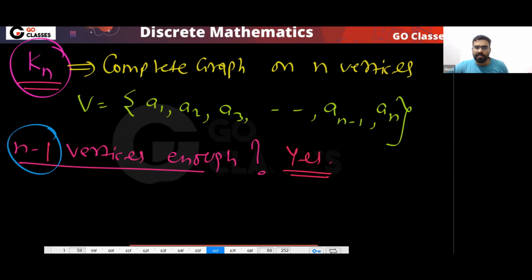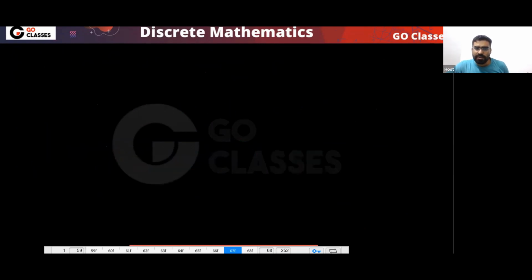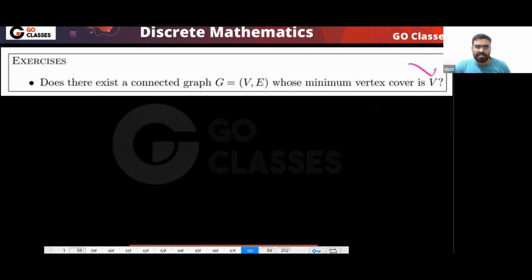Is this clear? So in the worst case, do you need all the vertices? Does there exist any graph for which you need all the vertices? You will never need all the vertices because n minus 1 vertices will do.